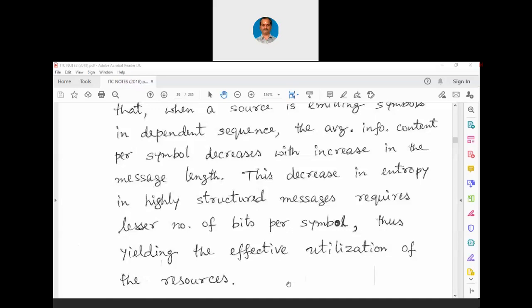Now from 3G we are moving on to 4G, and already we will be moving on from 4G to 5G. Through all these generations of cellular networks, we are able to communicate effectively, and we are able to save the cost of communication also.